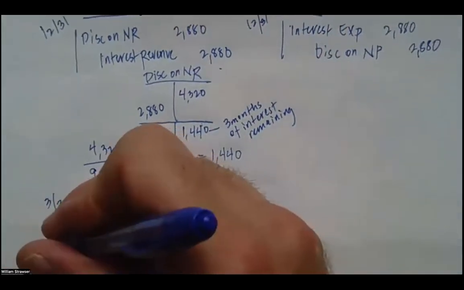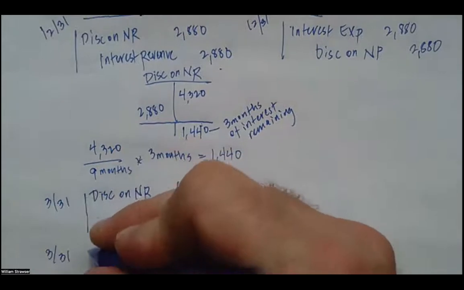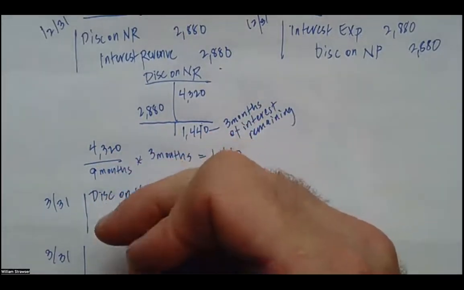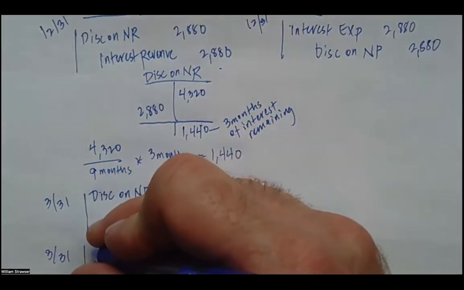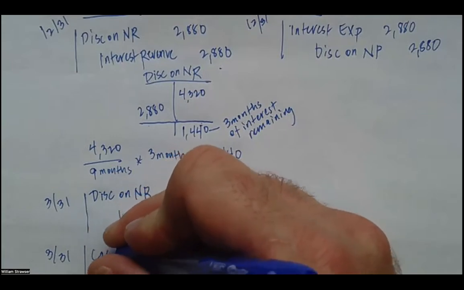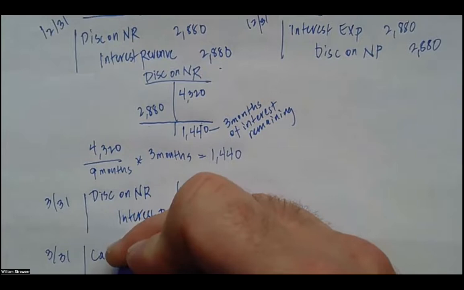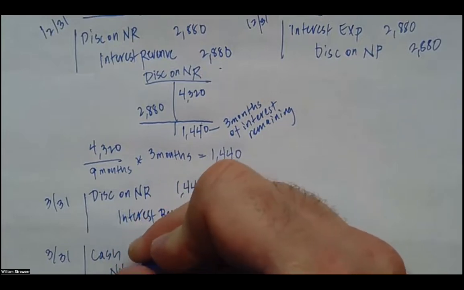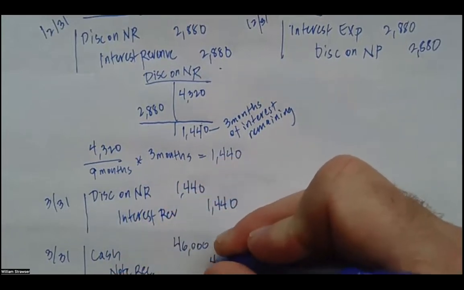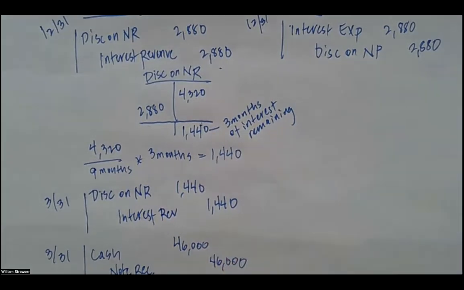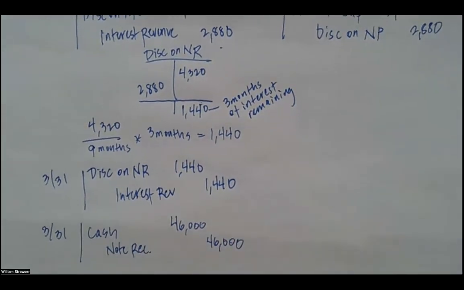And then the next piece would just be to collect the note. We receive cash for 46,000. We credit the note receivable for 46,000. And the note is off the table because they paid us back.